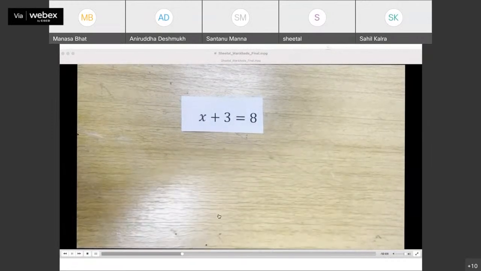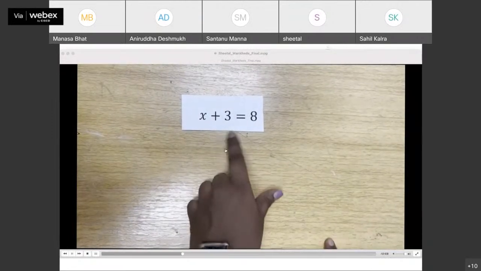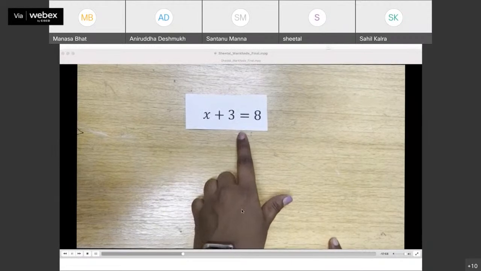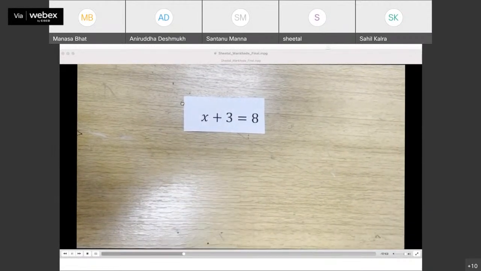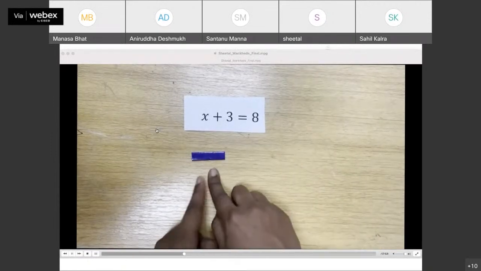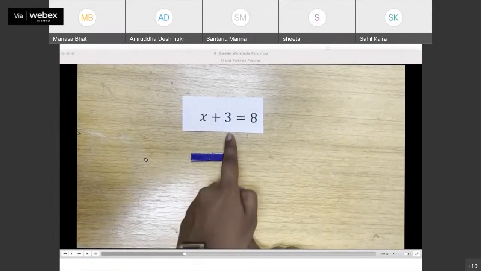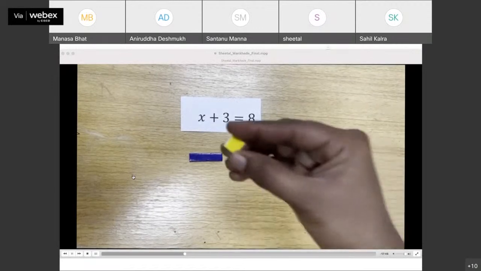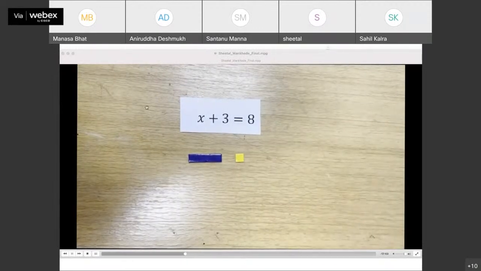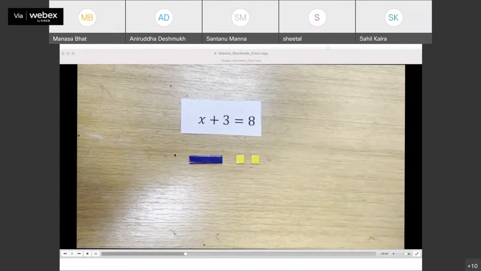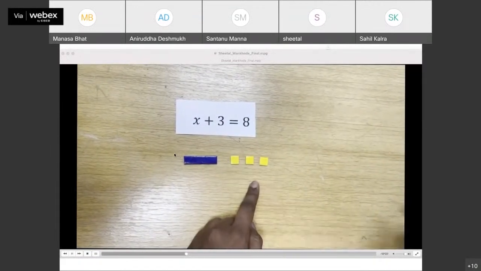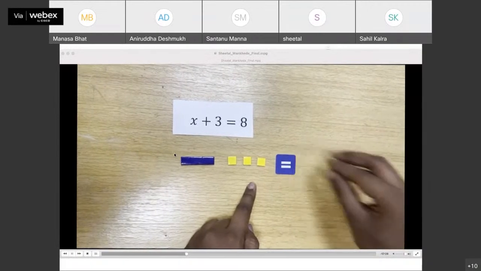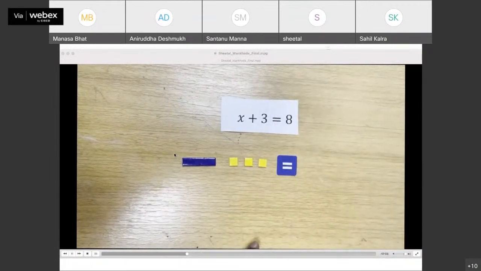Now we will see how to balance algebraic equation. So we have this equation x plus 3 equal to 8. We need to balance this equation. So first we compute this equation in our model. So we have this x slide tiles and we need to compute this 3. So we have these tiles for 1. So 1, 1, 1. Now this makes your x plus 3, which is equals to 8.